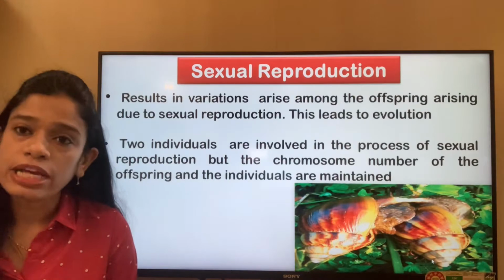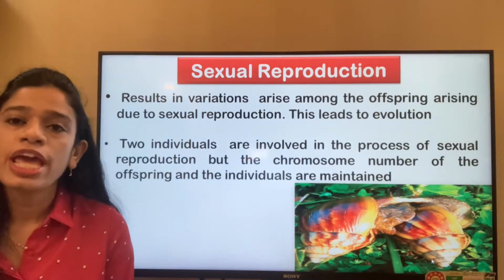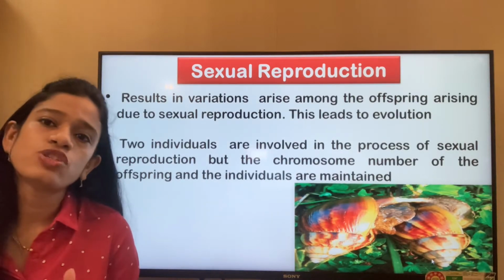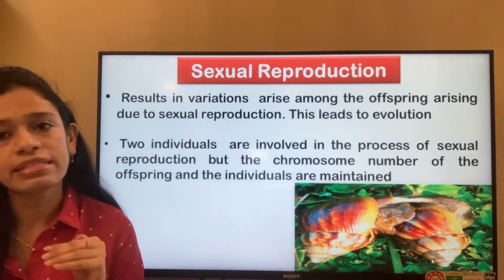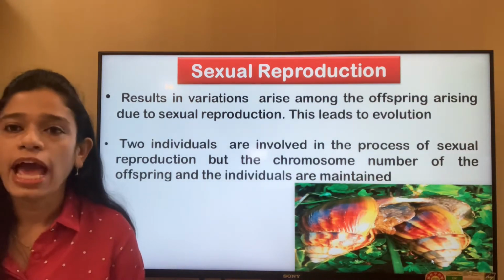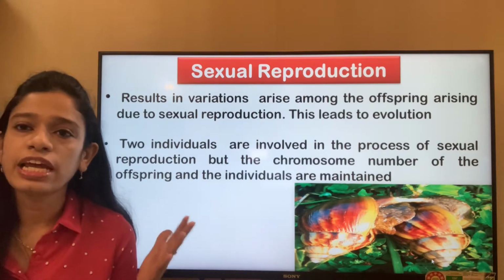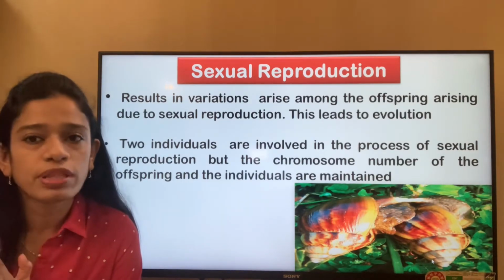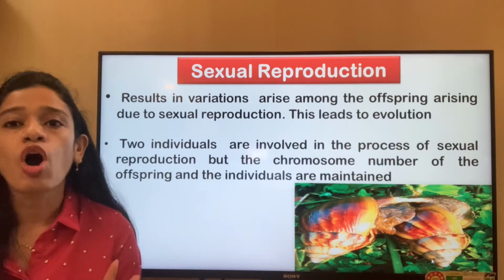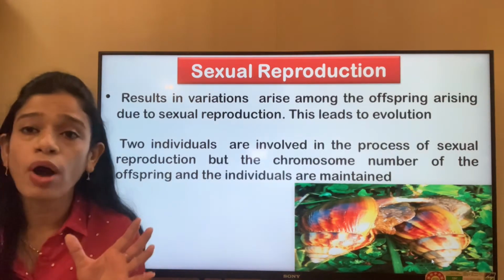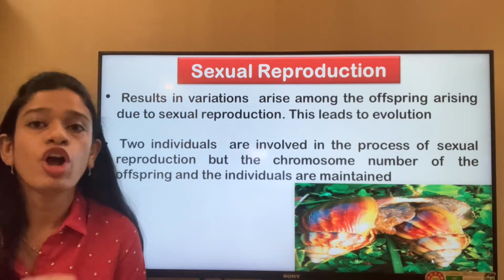Now, what does sexual reproduction give rise to? It gives rise to a new offspring, where we can see a variation. It has to be different, because it involves both the male and the female, so the offspring that is formed is not exactly like the mother or the father.